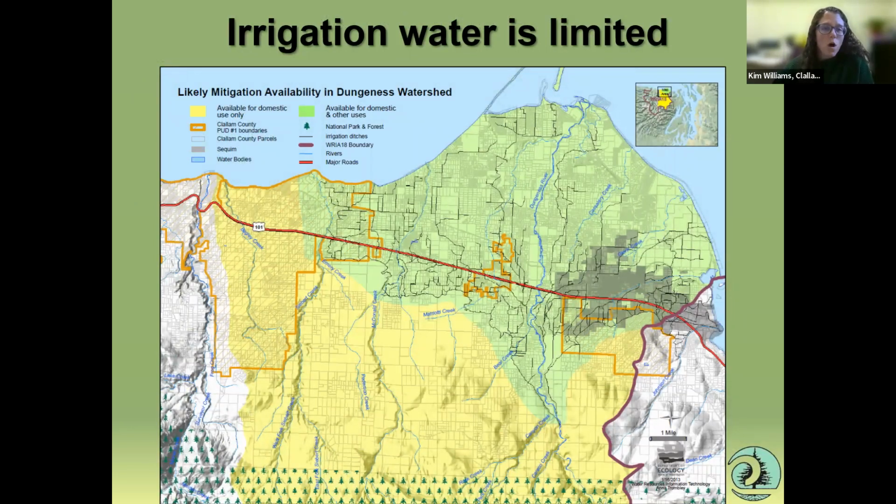And irrigation water is limited. This is a map that shows the Sequim area. It shows the Dungeness Water Rule Area. The Dungeness Water Rule Area is an area where people who have permit exempt wells after 2013 need to get mitigation packages to use water from Washington Water Trust.